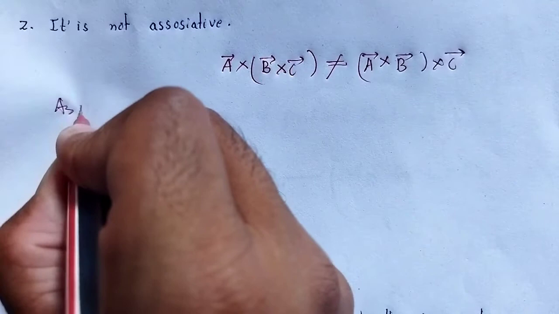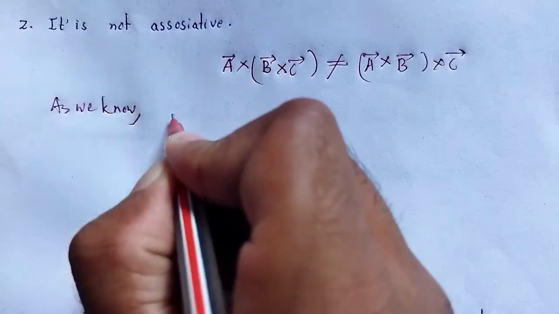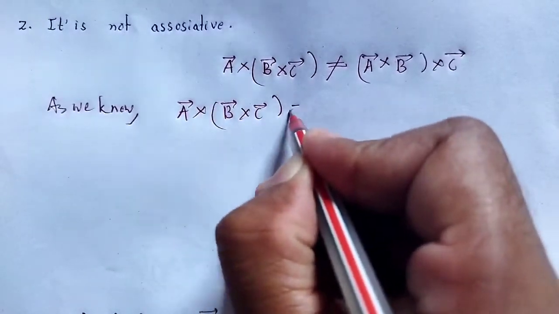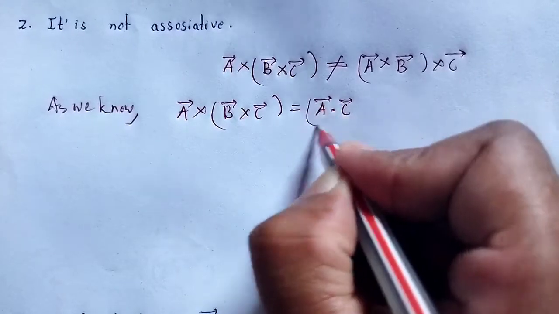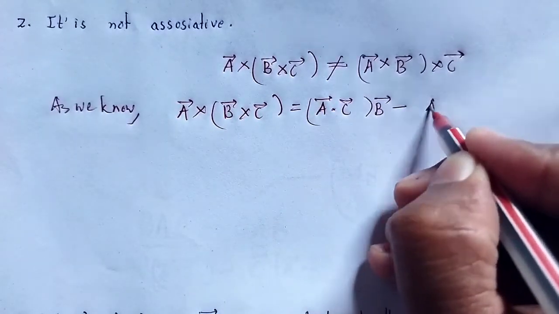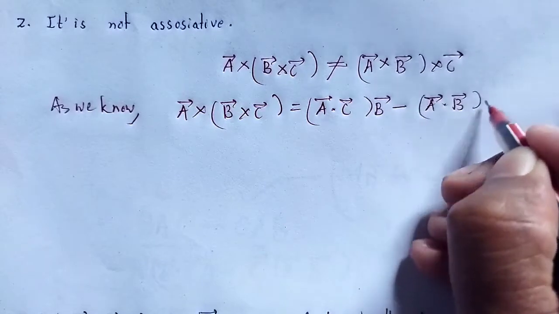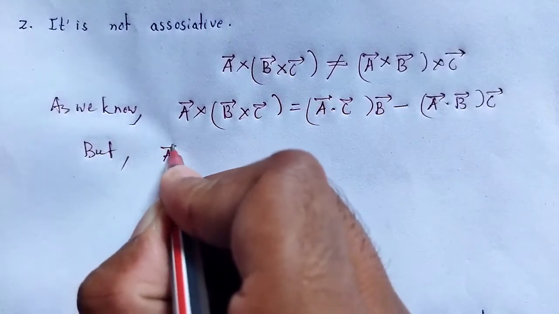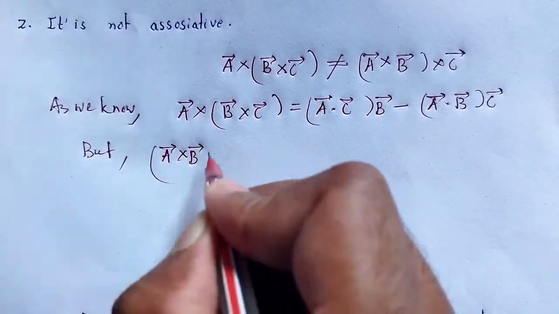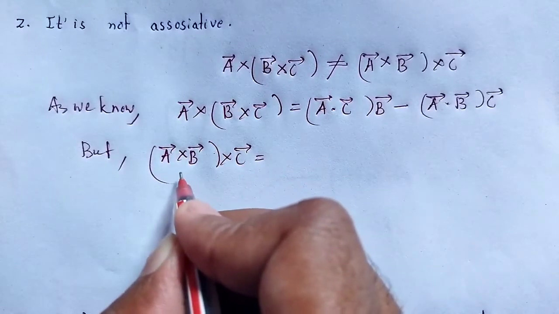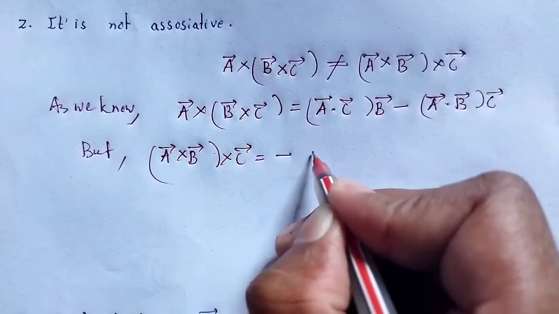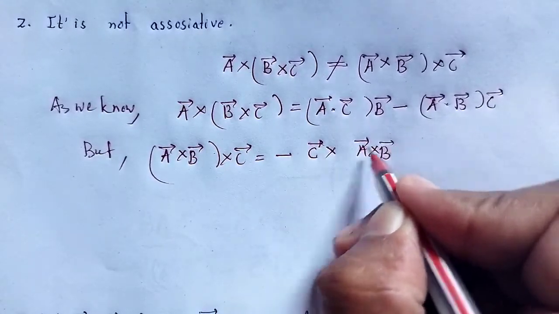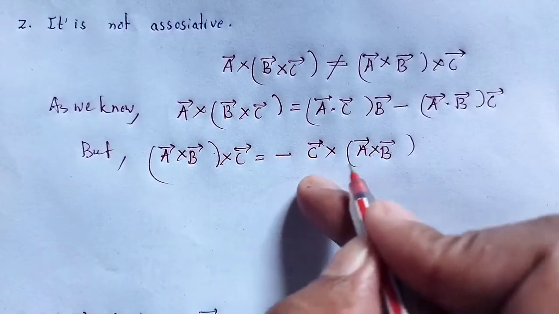As we know, A cross B cross C is equal to A dot C of B minus A dot B of C, but when we interchange, it is minus of C cross A cross B. When we interchange the position, it will be negative.